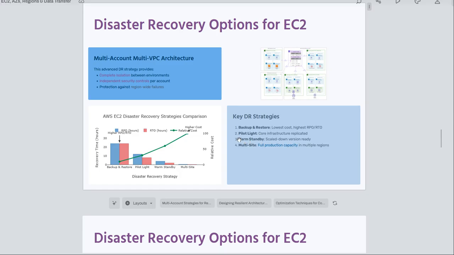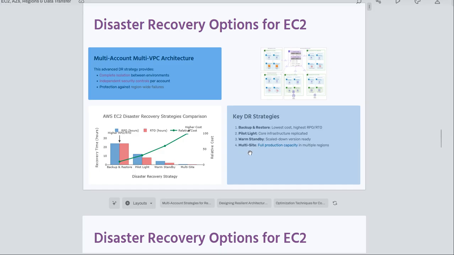Then pilot light: core infrastructure replicated in another region. Warm standby: a scaled-down version is ready, and it will be scaled out with Auto Scaling when something happens.